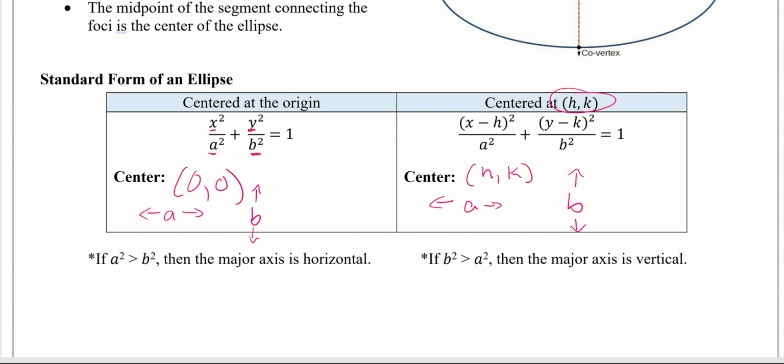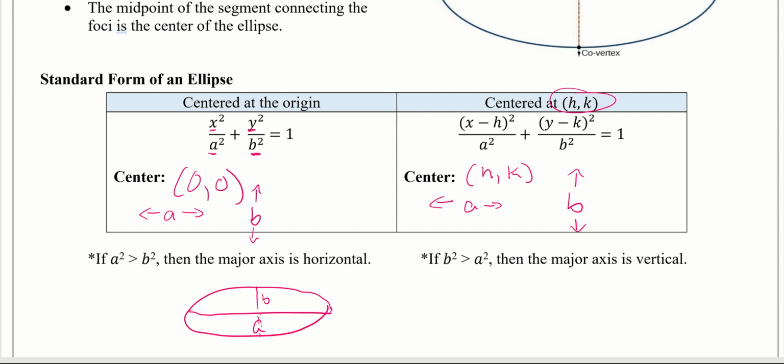It doesn't have to be under the x and under the y, respectively. They can change. It says here, if A squared is greater than B squared, then the major axis is horizontal. This is my A, and this is B, and you'll see this is horizontal.